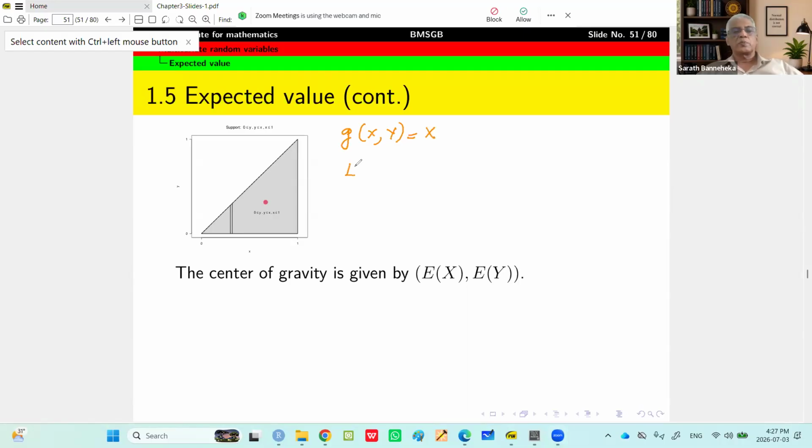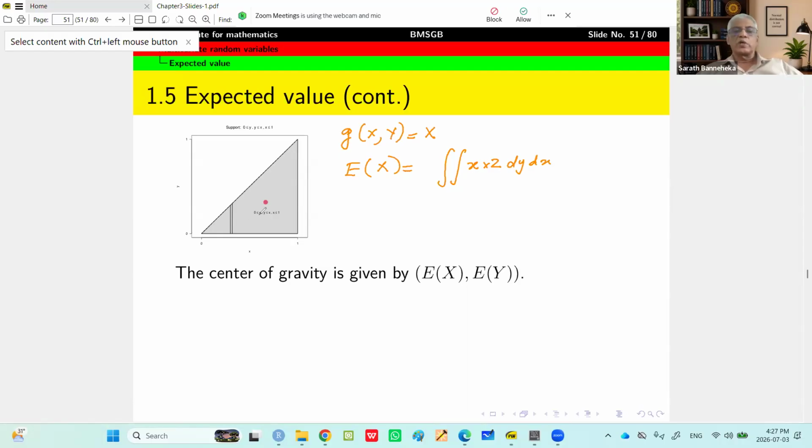So expected value of X is going to be the double integral of g(x, y), in this case just x, times the density function 2, dx dy or dy dx, depending on with respect to which variable you integrate first.